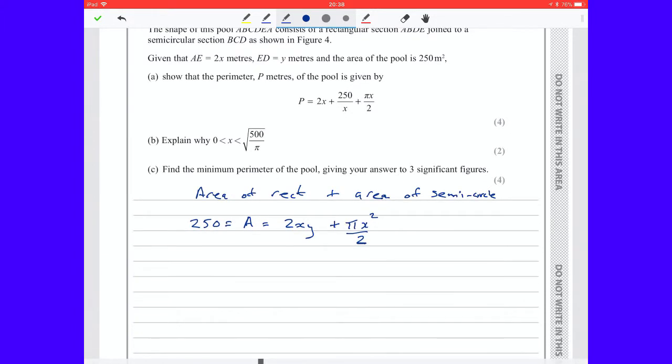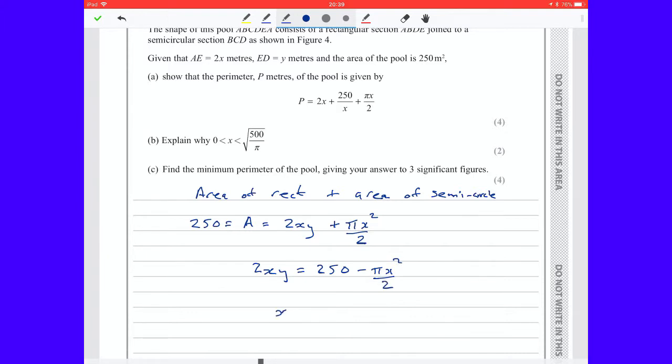Now in the formula for the perimeter there is no y, so we're going to need to eliminate y. So I'm going to use this equation to make y the subject and find out what it is in terms of x. So I can say that 2xy is equal to 250 minus pi x squared over 2.